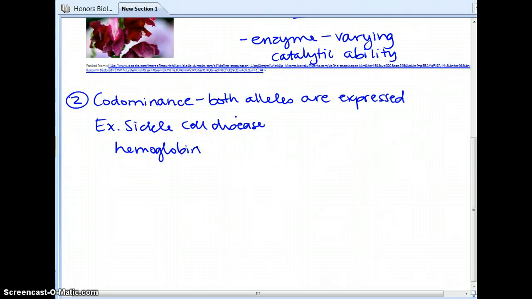And it turns out that the mutant form of hemoglobin, which is the sickle hemoglobin, turns red blood cells into a funny shape. These are red blood cells, and they turn them into a shape kind of like a sickle. If you think about your Russian history, you can think about the sickle, like the one on the communist flag. So let's take a look. I'm going to define my terms.